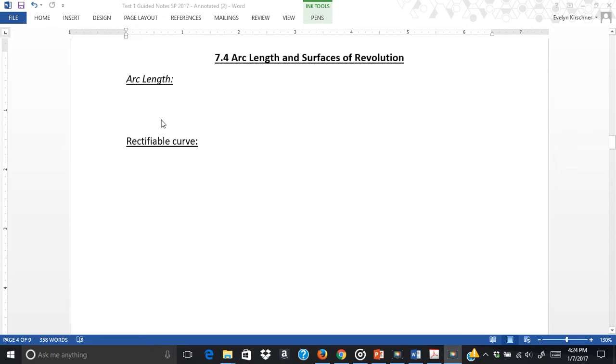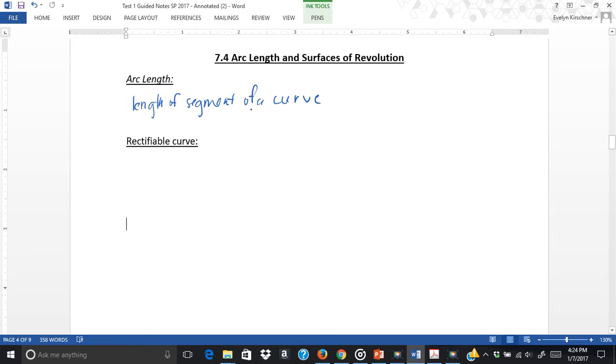When you think about arc length, we talk about arc length being the length of a segment of a curve. In geometry and trigonometry, we talked about it on a circle, the length of a piece of a circle.